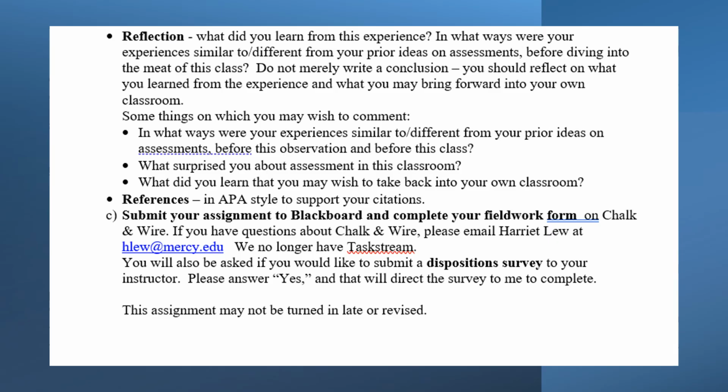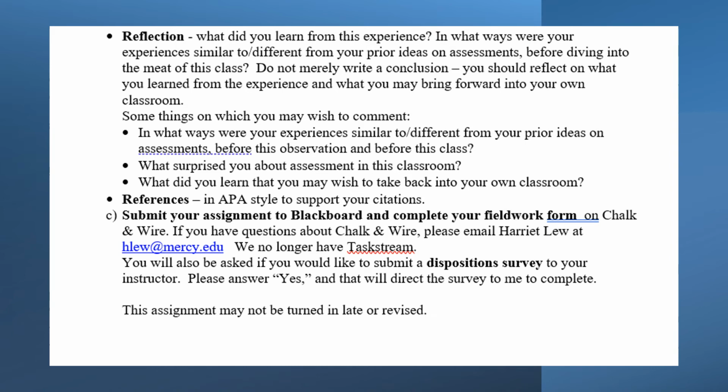Your paper should be 4 to 6 pages long, and it should cover the sections that we talked about before. In addition, you need to write a reflection. A reflection is different than a conclusion. A reflection asks, what did you learn? So look at the bullet points on the screen. In what ways were your experiences similar to, or different from, your prior ideas on assessment before this observation and before this class?